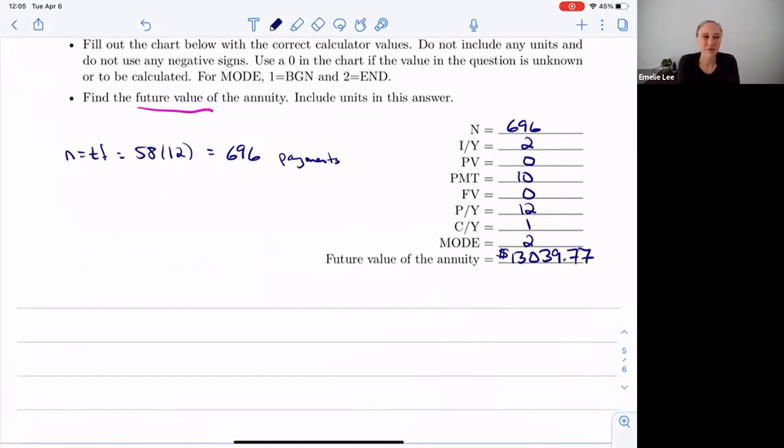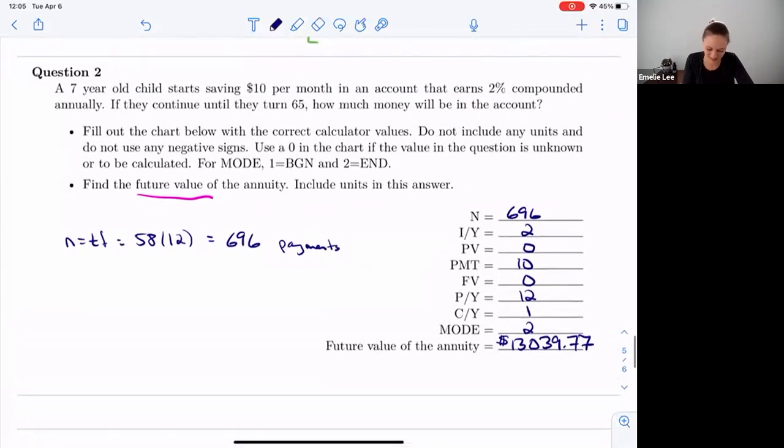Yeah, not quite enough to do anything. Although if they set it up and forgot about it, which could be easily done, right? $10 a month maybe goes missing. Then it's a nice surprise, a $13,000 surprise at the age of 65, but not really retirement money, is it? Yeah, but a fun problem.